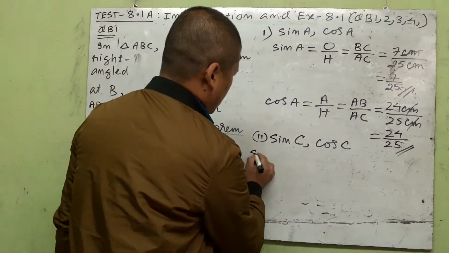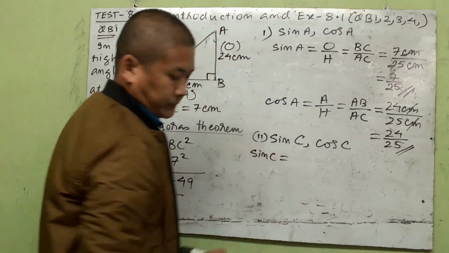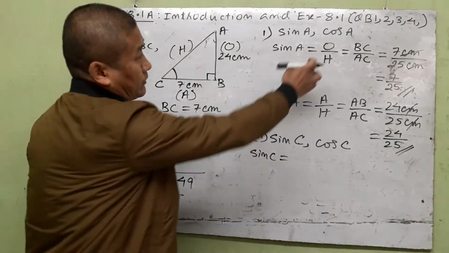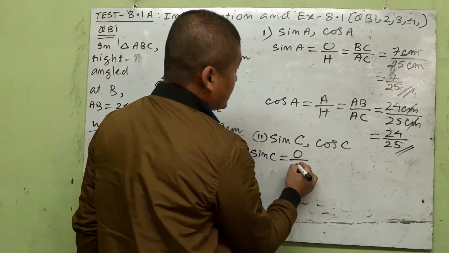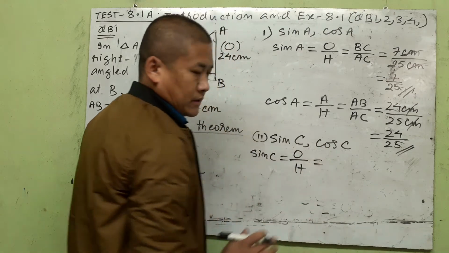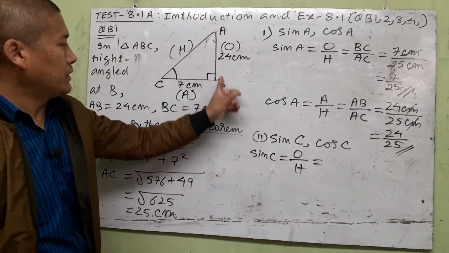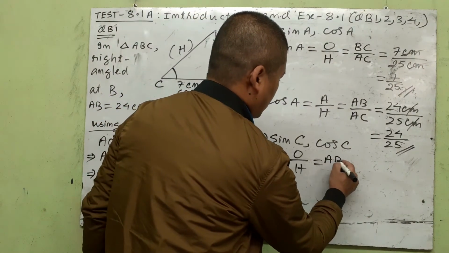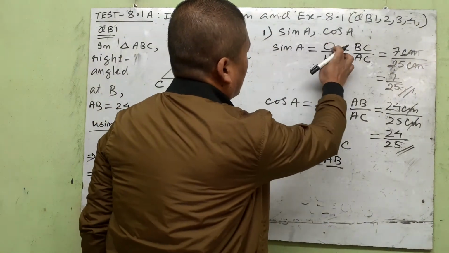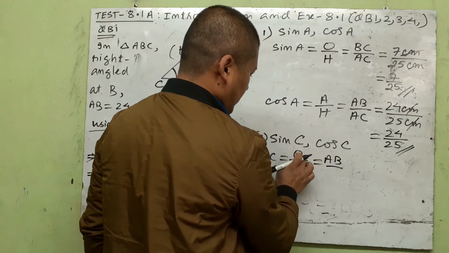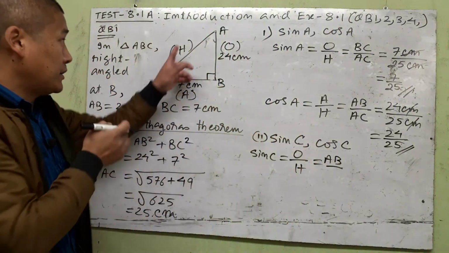Now here, the first answer, sine C will be same. Ratio will not change, O by H. But the sides will change. When we took C, O is this one here, AB. When we took A, O was BC, but when we took angle C, O is now AB. By H is same, AC.